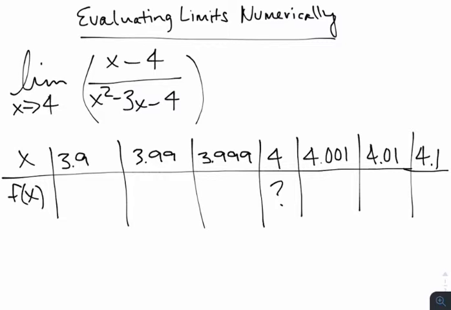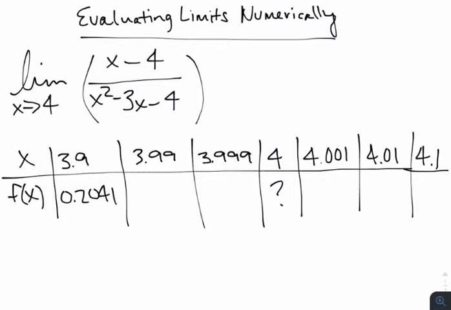I've already done this, so that comes out to 0.2041. You can pause this video and work on this yourself to see if you get the same answers that I do.